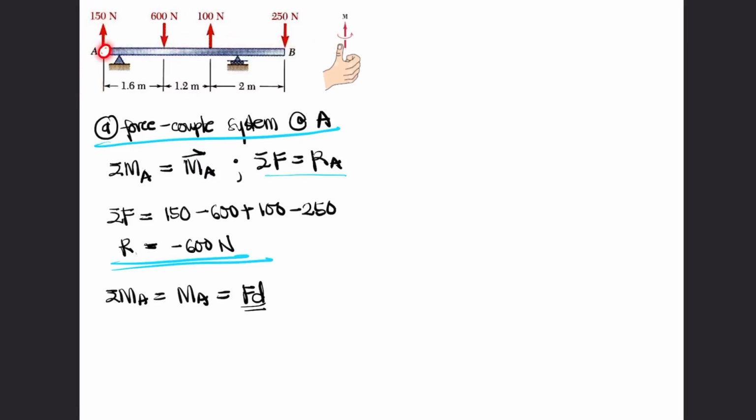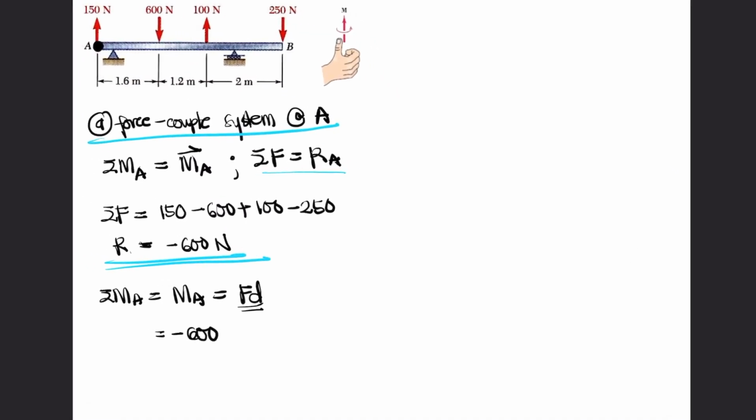If your thumb points towards A, then that is negative 600 times the perpendicular distance of 1.6 meters. 600 newtons, 1.6.